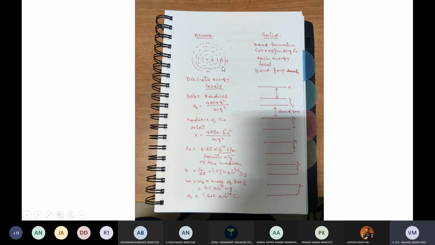Once we know that we are approaching quantum mechanics when going from micro to nano, we can definitely expect material properties to be drastically different from micro to nano.